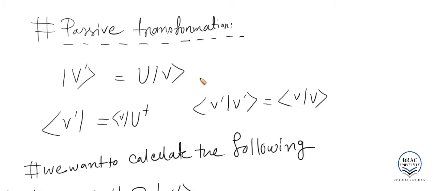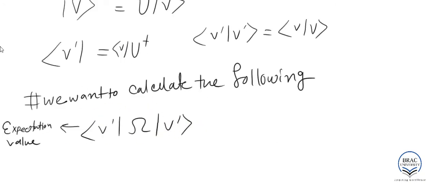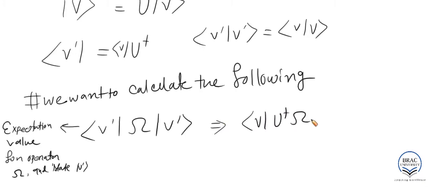And here we can see that these v primes were obtained via the unitary transformations, and this expectation value corresponds to this omega operator. So this is the expectation value for operator omega, and the corresponding state is the state v prime. So if you just do it, you can see that this will be v, u dagger, omega, u, and v, right?